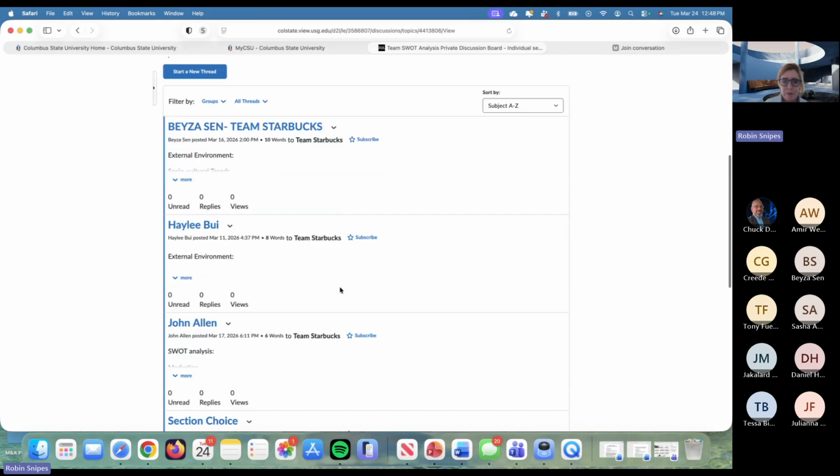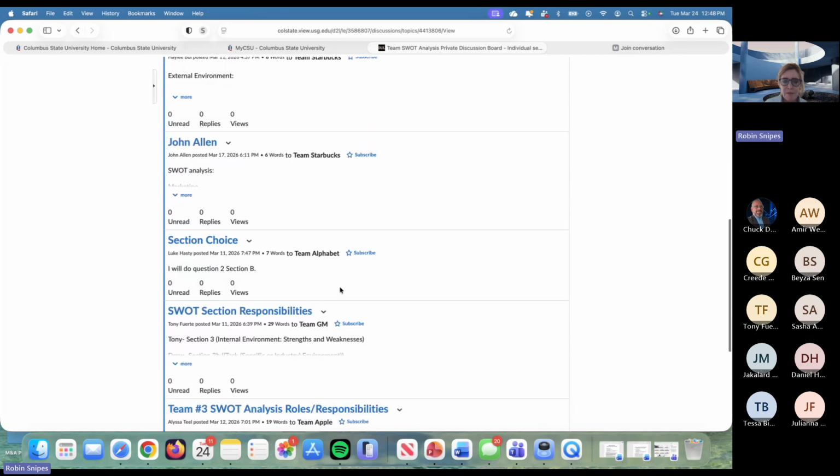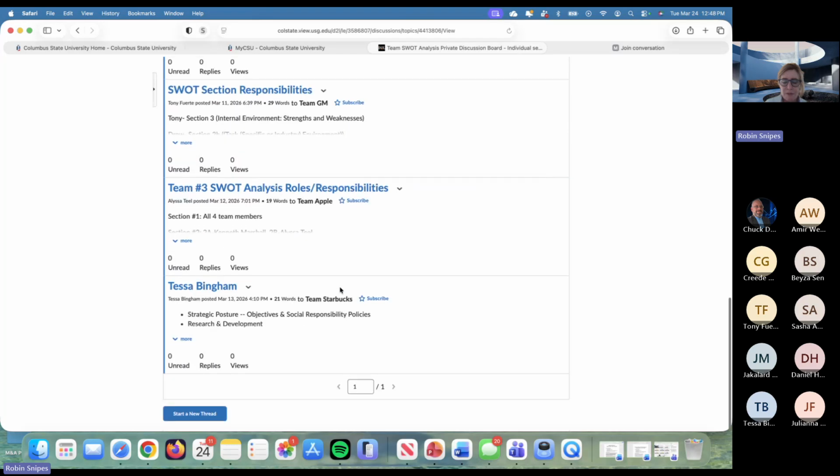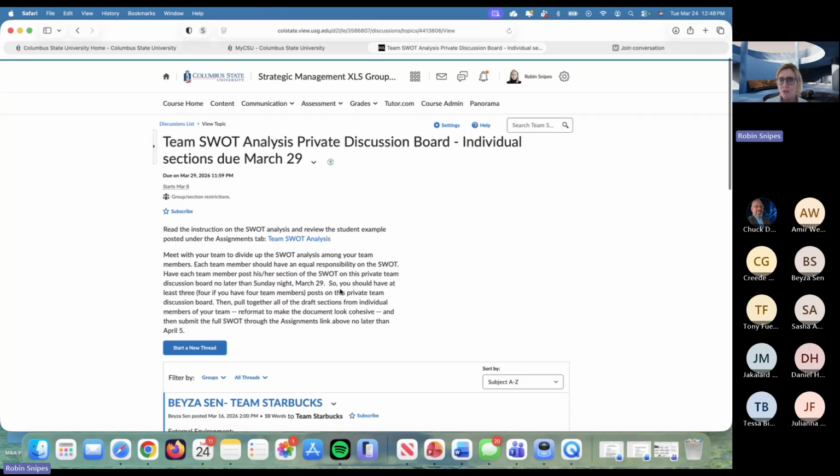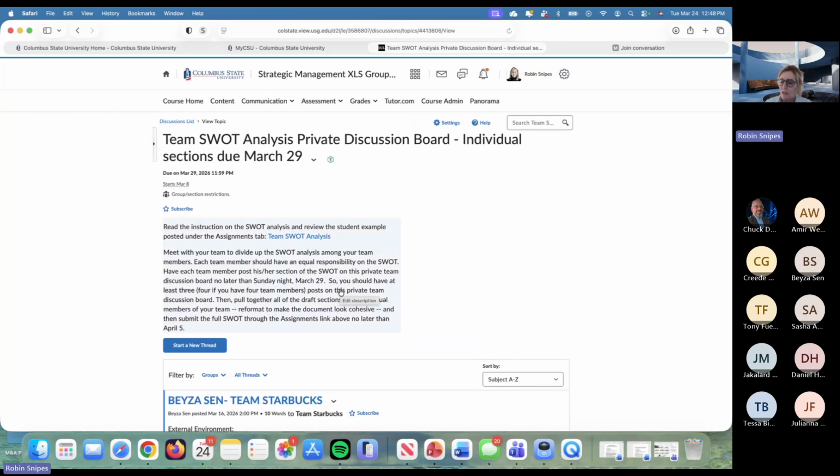And that worries me, so only 7 teams have posted their responsibilities. So we need to do that. And you need to tell everyone, here's the interim due date for each person to have their part in, and it should be well before April 5. So you have time to put it all together and clean it up so that it is all one paper.